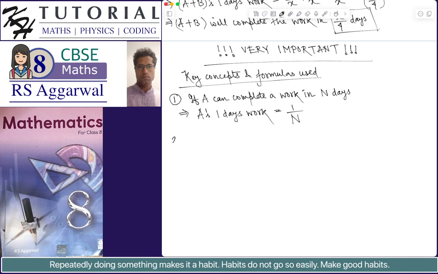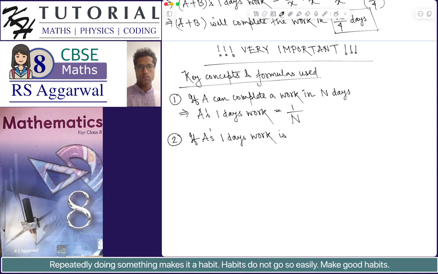The second general rule is that if A's 1 day's work, the second rule is the reverse of the first rule.